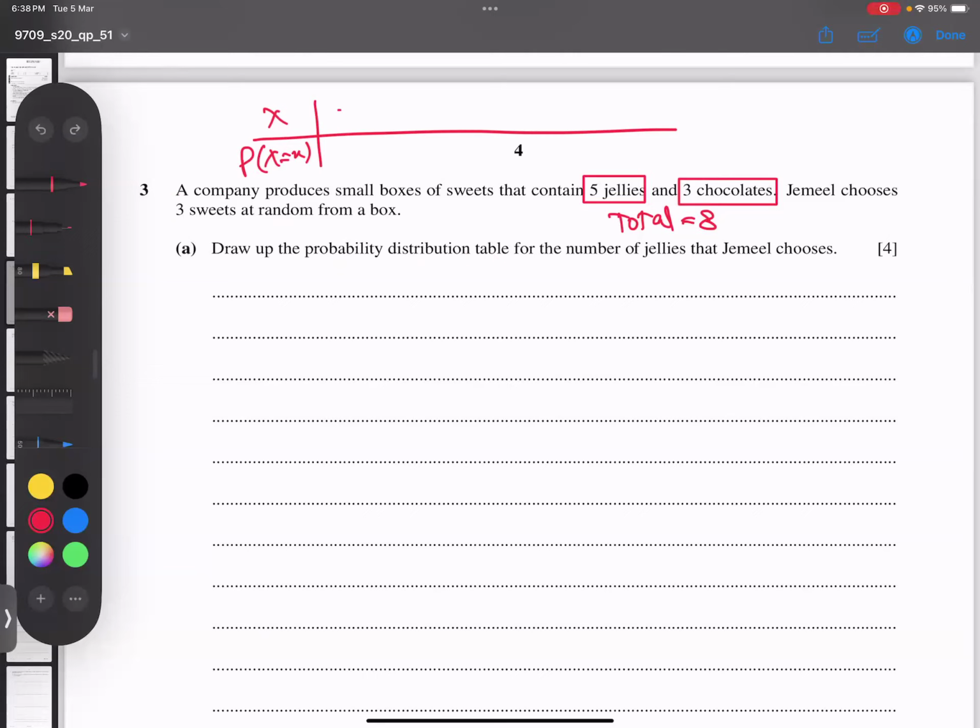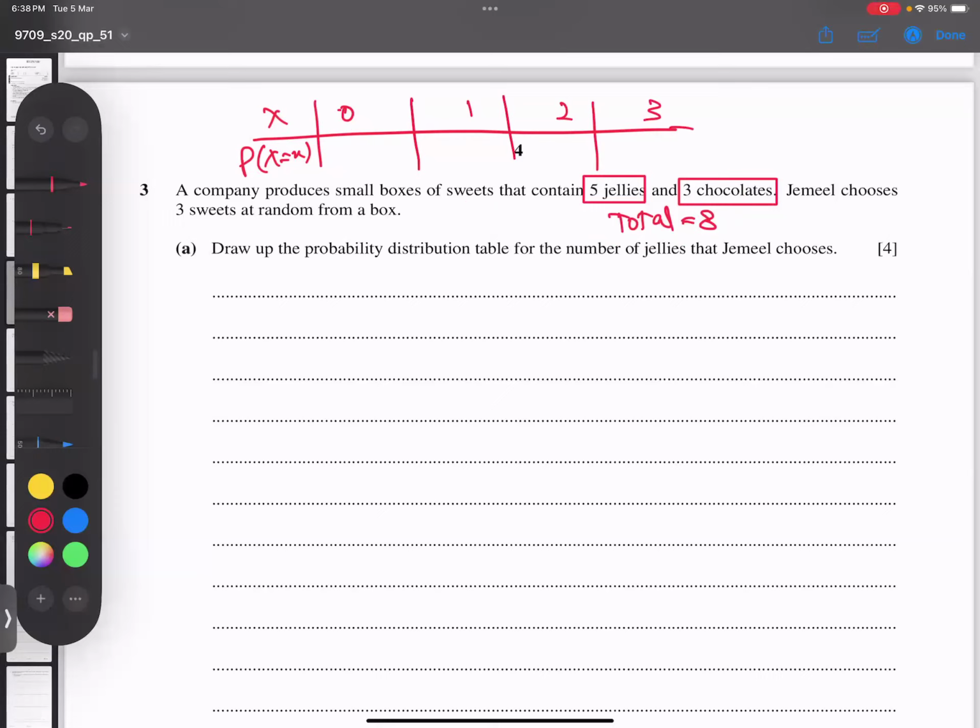Option number 1 is 0 jellies and 3 chocolates. Maybe 1 jelly and 2 chocolates, 2 jellies and 1 chocolate, and all 3 jellies. So these are the 4 options we have in total.